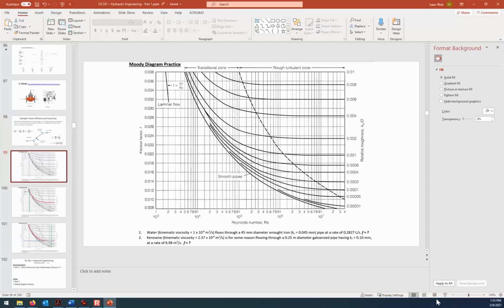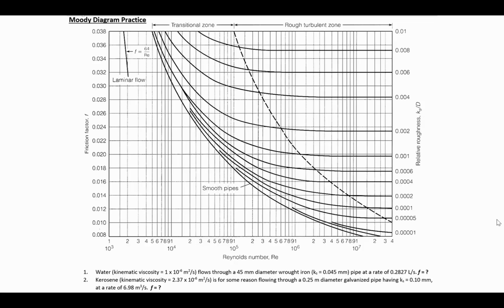Next, we are going to consider two problems. These are the ones that I emailed to you before class to get some practice with the Moody diagram. So we've got 15 minutes for these, and I think that'll be enough time. There's question 1 dealing with water, question 2 dealing with kerosene, and this time I'm not going to put you in the breakout rooms, and the reason why is that when I put you in the breakout rooms you can't see my screen anymore.